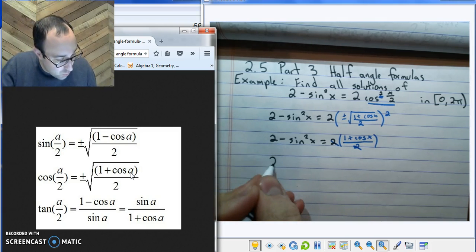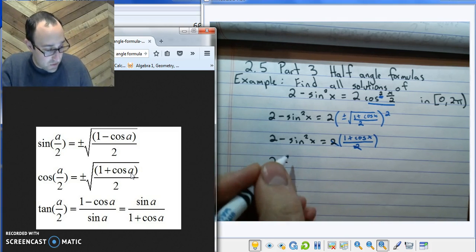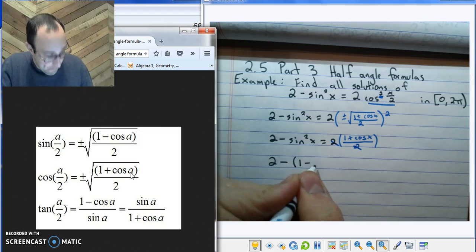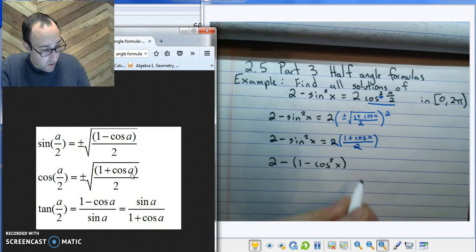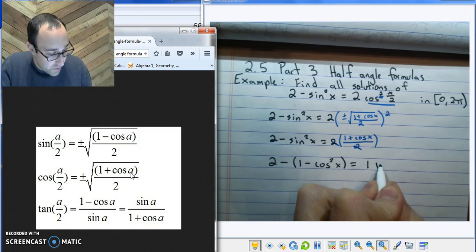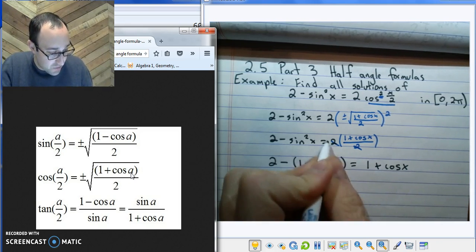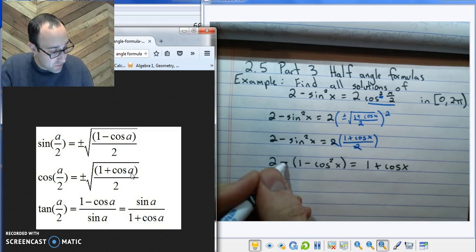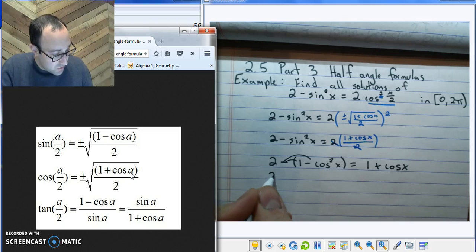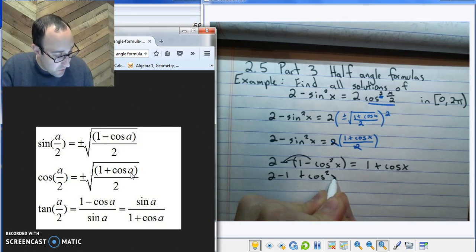We've got 2 minus sine squared is the same as 1 minus cosine squared x. And that's going to equal 1 plus cosine x because those canceled out. So now I'm going to distribute that subtract to both of them. So it should be 2 minus 1 plus cosine squared x equals 1 plus cosine x.